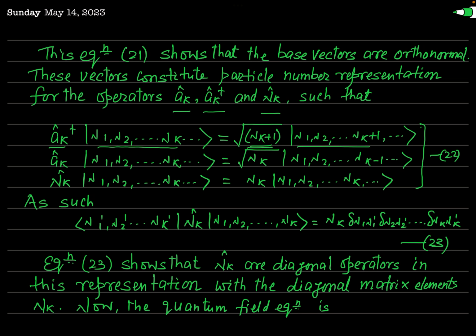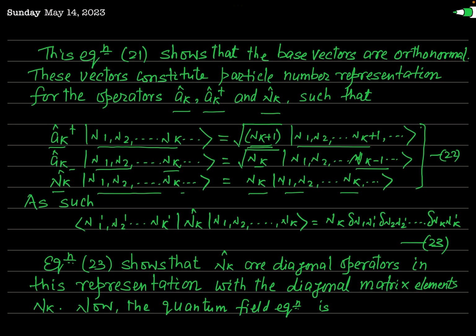Okay, and when ak hat is operated on this eigenvector n1, n2 so on nk, the result will be the square root of nk times ket n1, n2 so on nk minus 1. This is in fact nk minus 1. And when nk is operated on ket n1, n2 so on nk, that will be nk times ket n1, n2 so on nk.